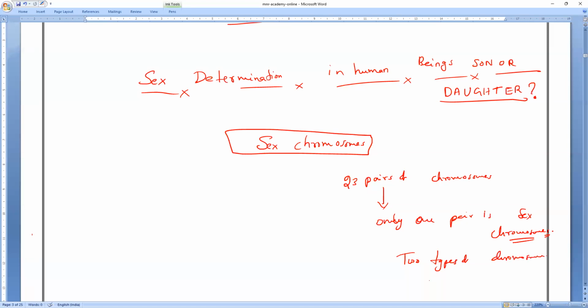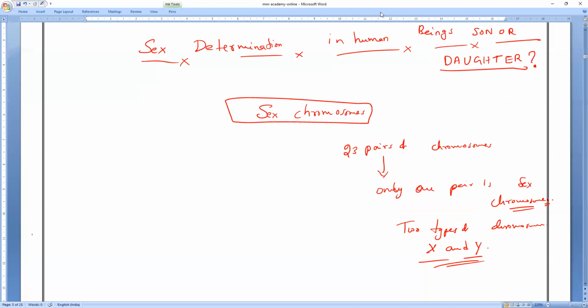Please note it. Those chromosomes are X and Y, capital X and Y. These are the 2 types of chromosomes. If you take the female, the female gamete, they contain 2 X chromosomes only. Clear everybody? 2 X chromosomes only.